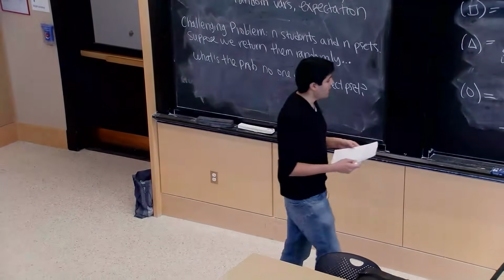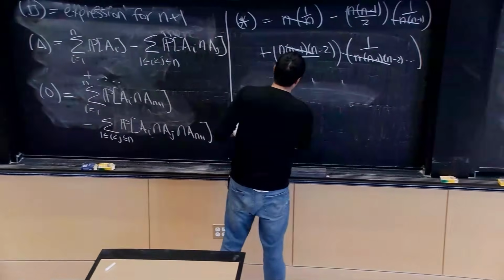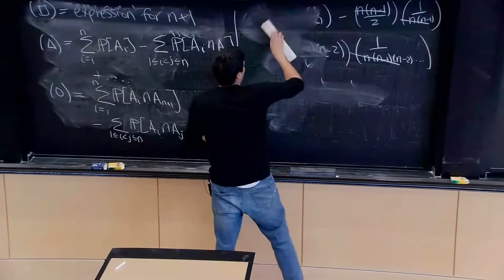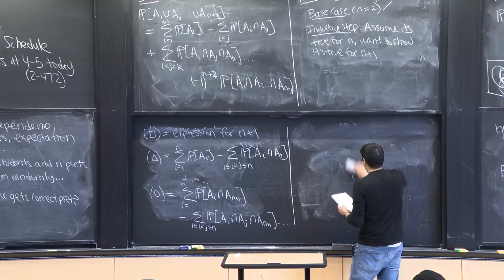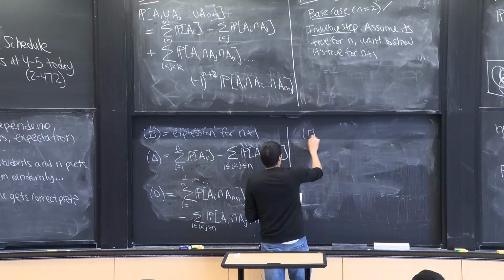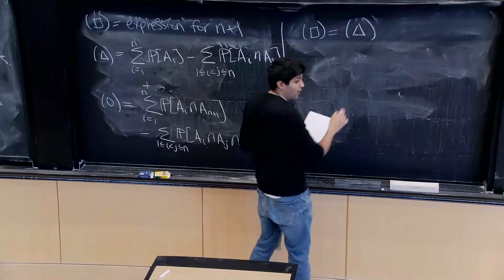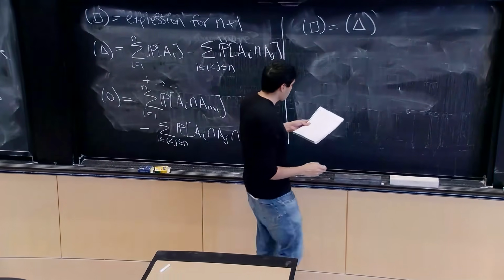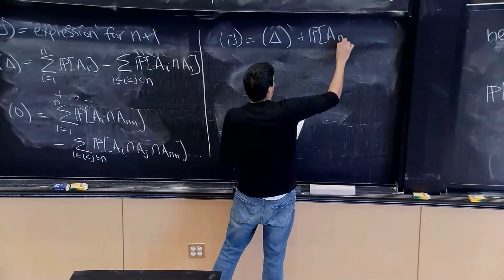And let me write down the expression that I claim connects all of these different groupings of terms. At the end of the day, what I care about is this expression I have from inclusion-exclusion for n plus 1. That's the square. And I claim that this is equal to all the terms that don't involve n plus 1, plus the probability of A_{n+1}.